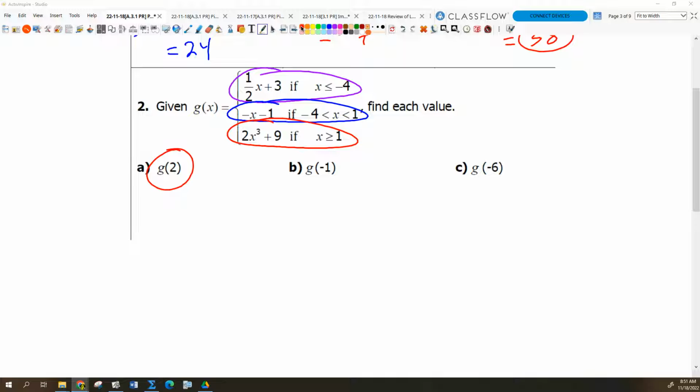How about G of -1? Where's that one going, if I'm inputting an x value of -1? Is -1 less than or equal to -4? No. Middle one, yeah, because -1 is greater than -4 and less than 1, isn't it? Yeah, good. So that's going into the middle.